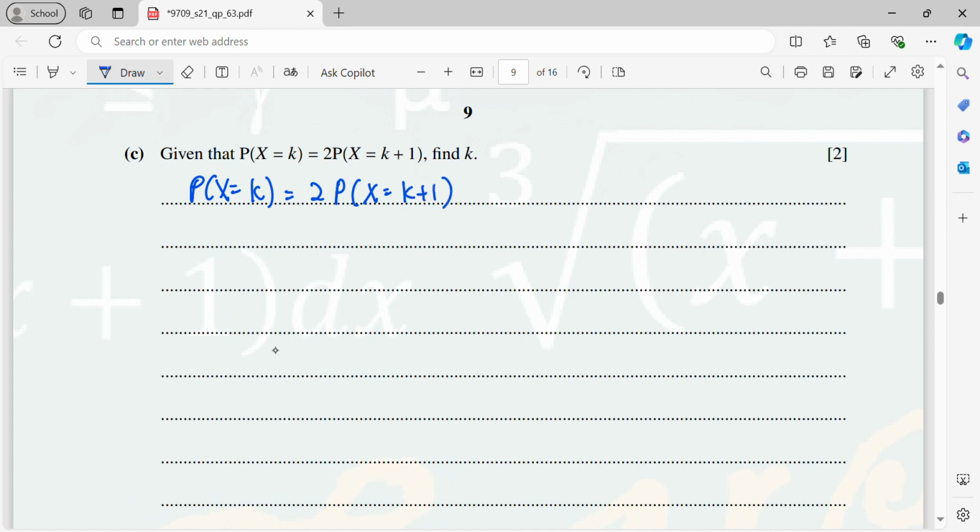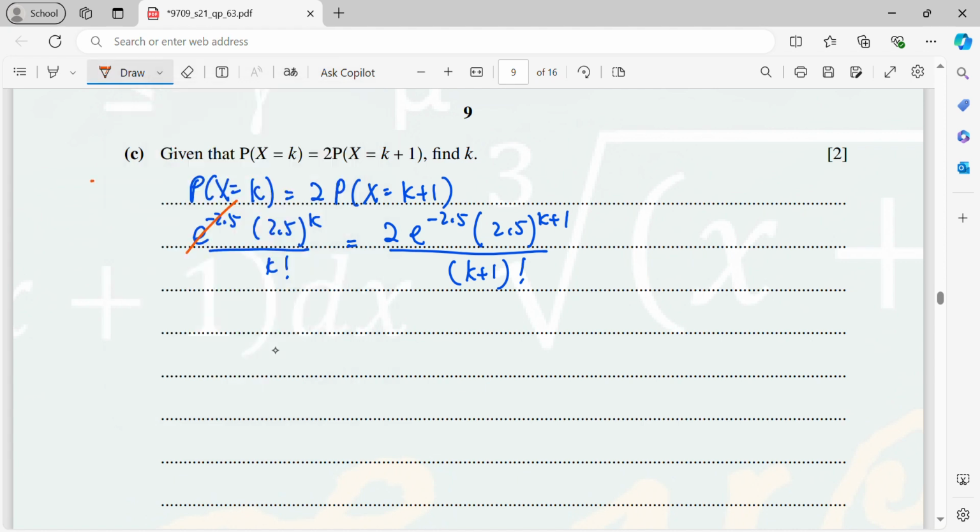So that means now here it will be e to the negative 2.5, 2.5 to the power of k over k factorial, equals double of e to the negative 2.5, then 2.5 to the power of k plus 1 over k plus 1 factorial. Obviously the exponential can be cancelled off from both sides.